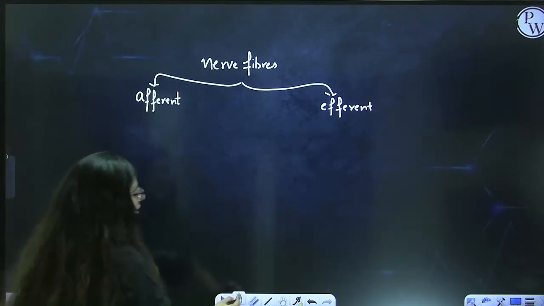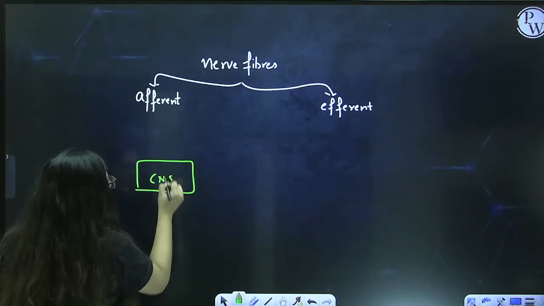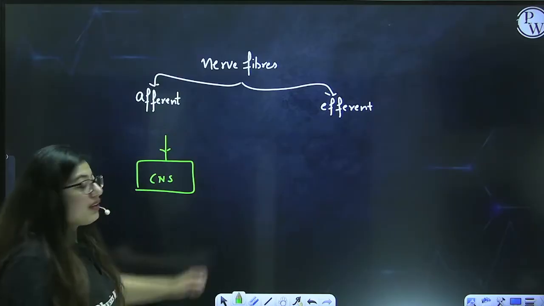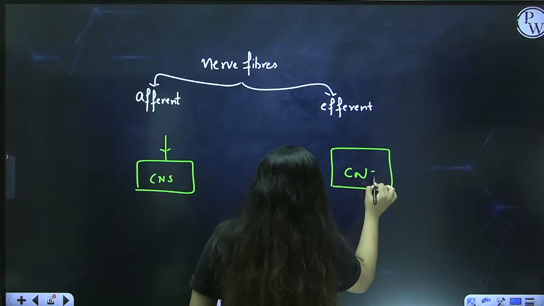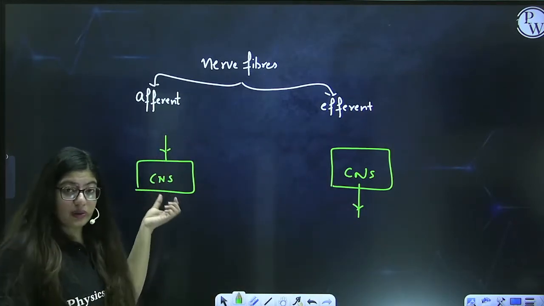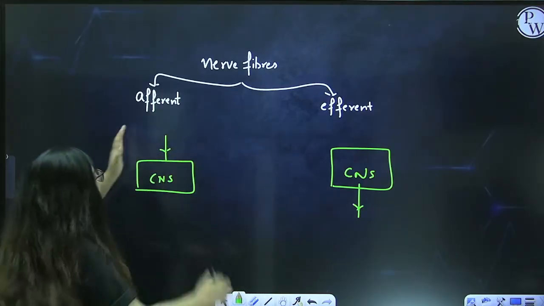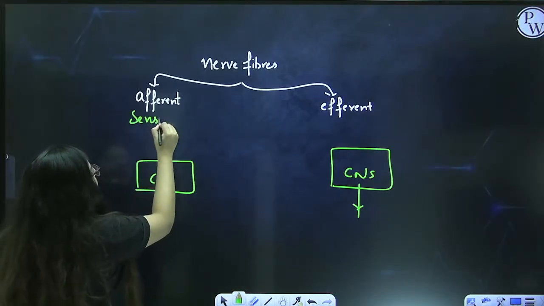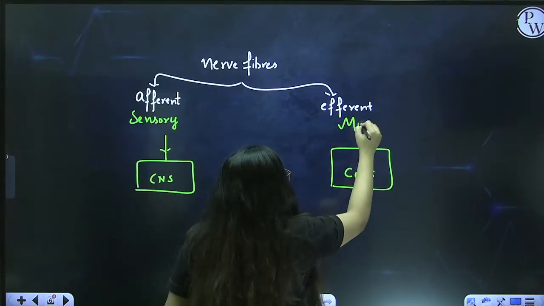So afferent are the nerve fibers that give information to the central nervous system, whereas efferent is the one that takes away the information from the central nervous system. That means this will give information to the brain, this will take away the information from the brain, right? These are sometimes also known as sensory nerve fibers, and those are sometimes known as motor nerve fibers.